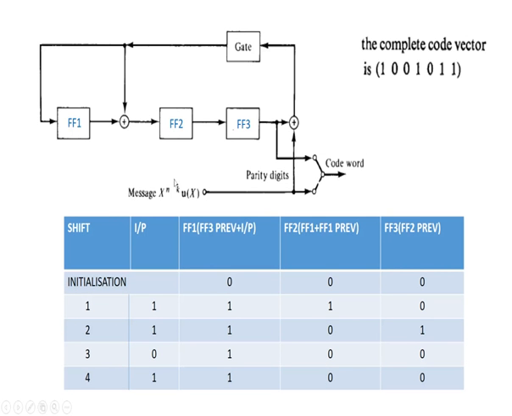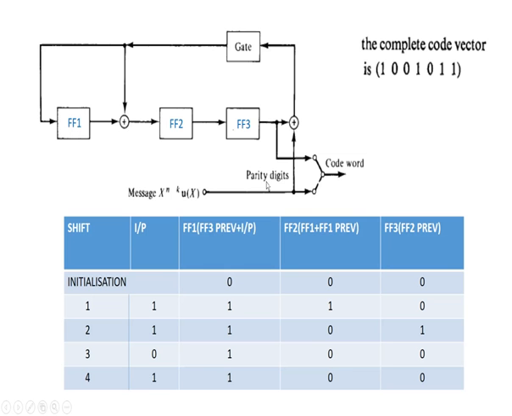So we can also realize some relationship between these flip-flops from this diagram. We already said that the input and the previous content of flip-flop 3 are added here, and that is given to flip-flop 1. So we can say that flip-flop 1 content is f of 3 previous state plus this input, and f of 2 is f of 1 previous state plus f of 1 present state, because this input plus the previous state of flip-flop 3 is given to this wire as well as f of 1.